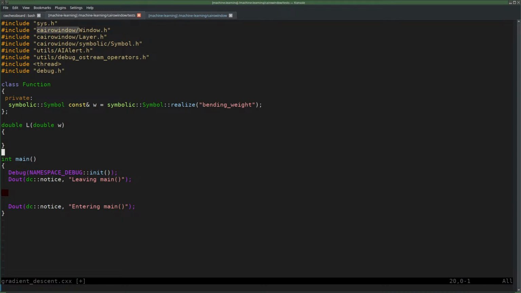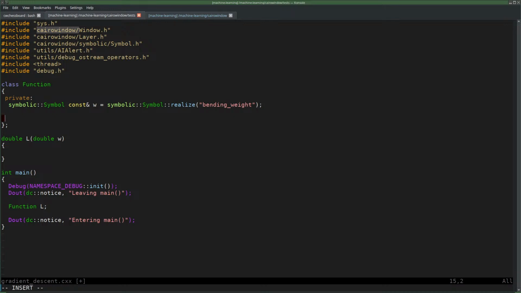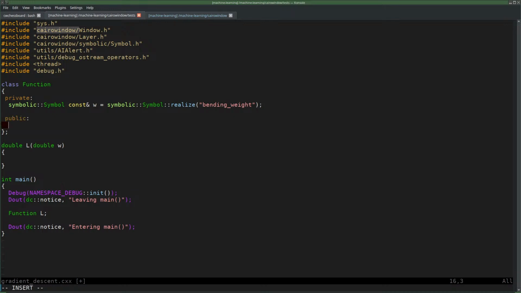Right. So I have a function class. I'm going to create it here and call that L. That thing then creates a symbol from the symbolic stuff, and it defines, of course, the evaluation.